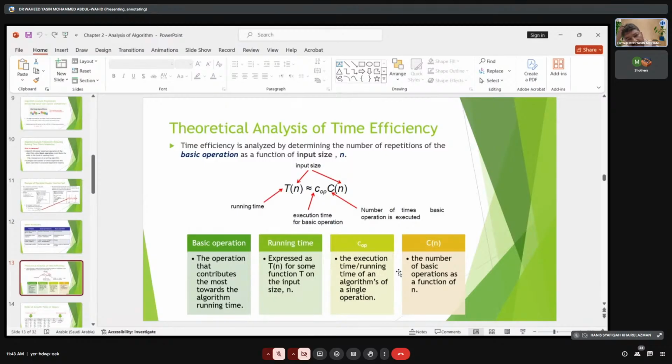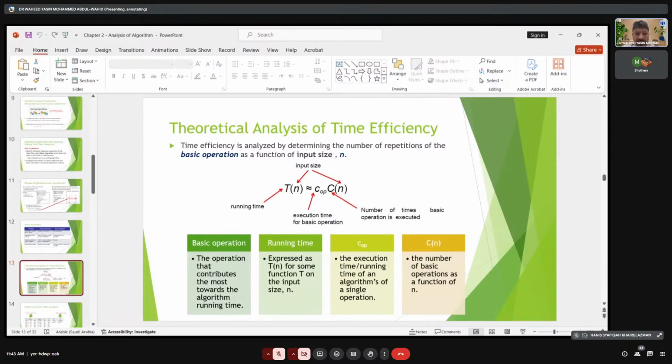Theoretical analysis of time efficiency. Time efficiency is analyzed by determining the number of repetitions of the basic operation as a function of input size n. Input size n, running time T(n). c is the execution time for the basic operation, and C(n) is the number of times the basic operation is executed.